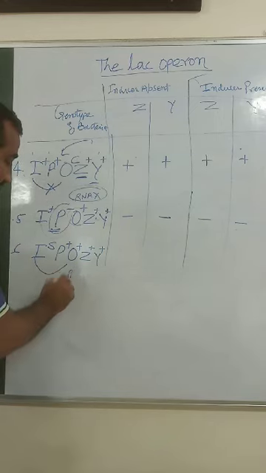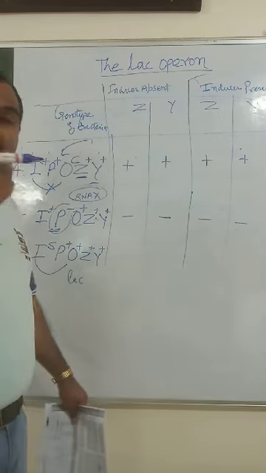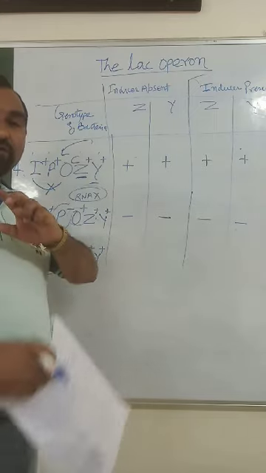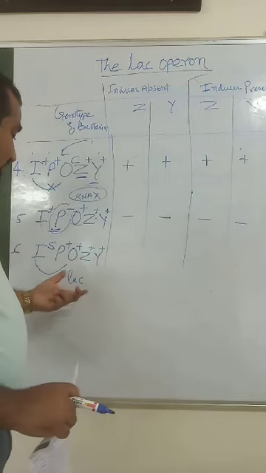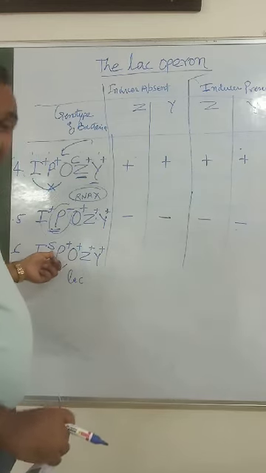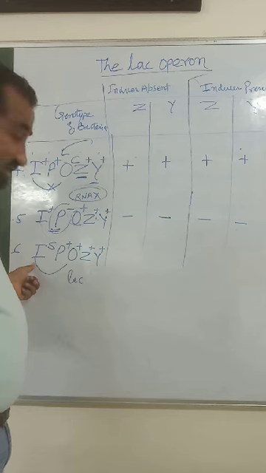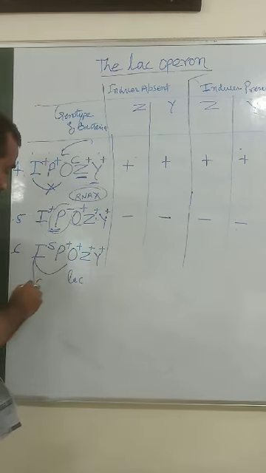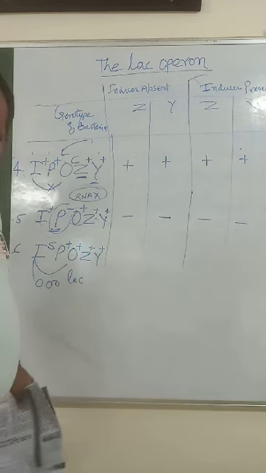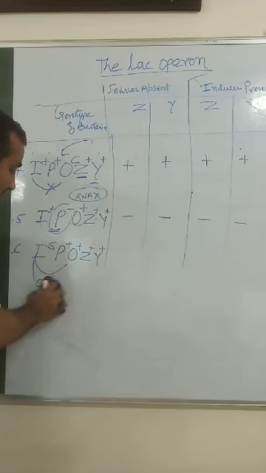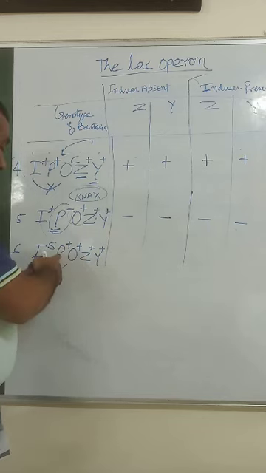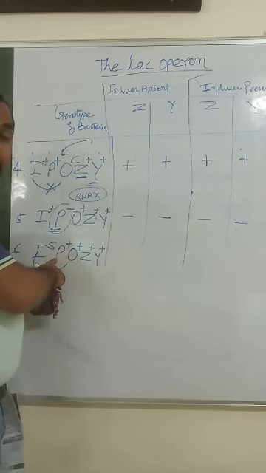Even if the lactose is present, or an effector molecule or an inducer molecule is present, these molecules are no more functional, means they have no more role if the super suppressor mutation takes place in regulator gene. In that case, the regulator gene product, that is suppressor or repressor molecules, have a strong tendency to bind over operator, and they inhibit the binding of RNA polymerase over promoter.